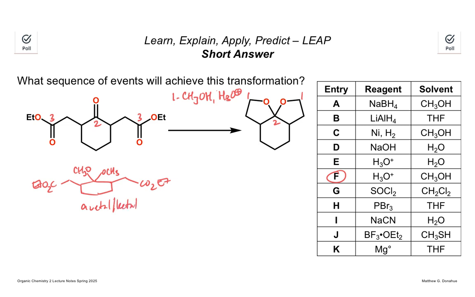And now the ketal is safe from nucleophilic attack. So at this point, we can do step 2, which is the lithium aluminum hydride reduction. That'll take the esters down to the primary alcohols.